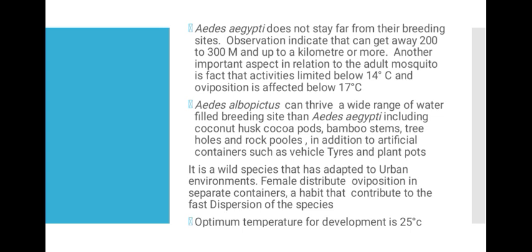Aedes albopictus can thrive in a wider range of water-filled breeding sites than Aedes aegypti, including coconut husks, cocoa pods, bamboo stems, tree holes, and rock pools, in addition to artificial containers such as vehicle tires and plant pots. It is a wild species that has adapted to urban environments. Females distribute oviposition in separate containers, a habit that contributes to the faster dispersion of the species. Optimum temperature for development is 25 degrees Celsius.